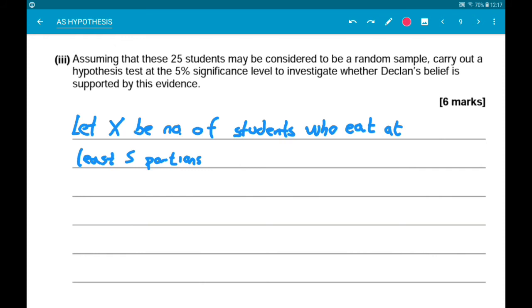Next, we need the hypotheses. So the article said 20% of students. So our null hypothesis is going to be p equals 0.2.